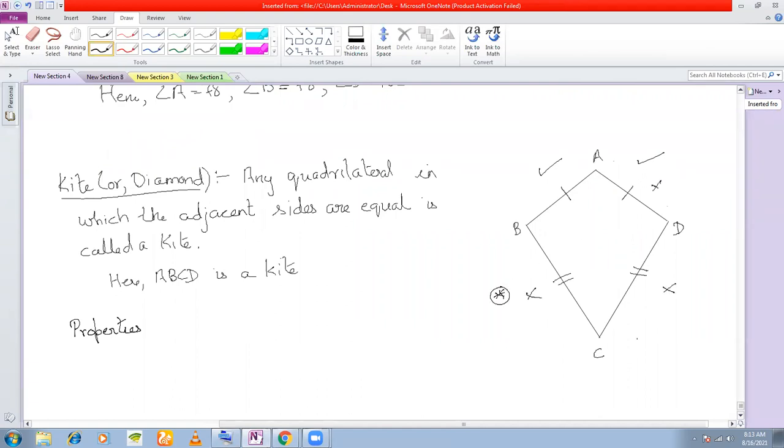No, they are not equal, because suppose I say this side is 5 centimeter and this side is 5 centimeter, these two are equal. And if I say these two are 7 centimeters, 7 centimeters, are these two equal? This one and this one, they are not equal, right?